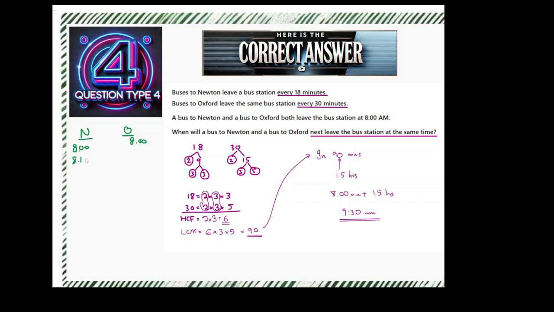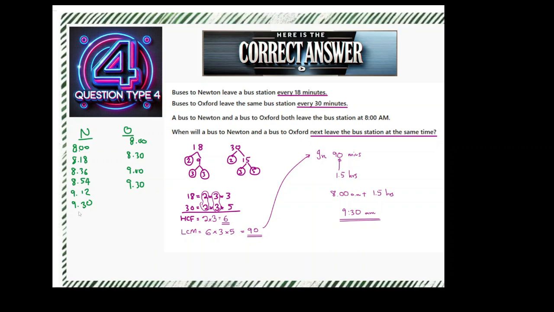So you can do 8:18, then 8:36, then 8:54, then 9:12, and then 9:30. Every 30 minutes, 8, 8:30, 9, 9:30.